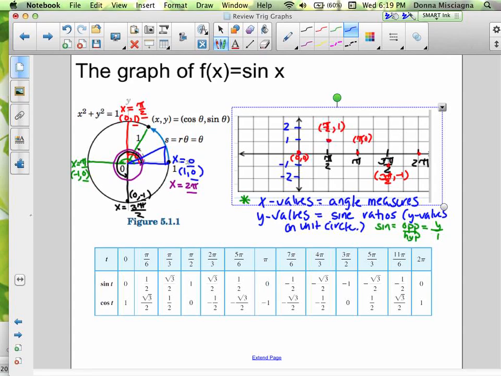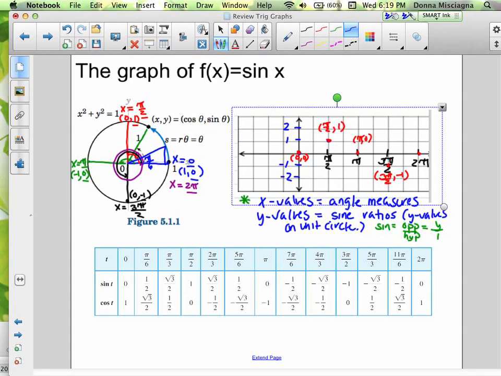And I'm going to tell you in radians that value, let's see if I can squeeze this in, is pi over 6. All right, so pi over 6 is the same as 30 degrees. And we know that's the 30, 60, 90 right triangle. I'm not going to label all of the sides. I'm just going to label the sides that sine will use, which is the opposite and the hypotenuse.